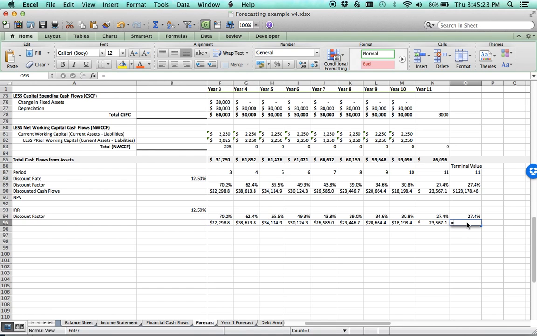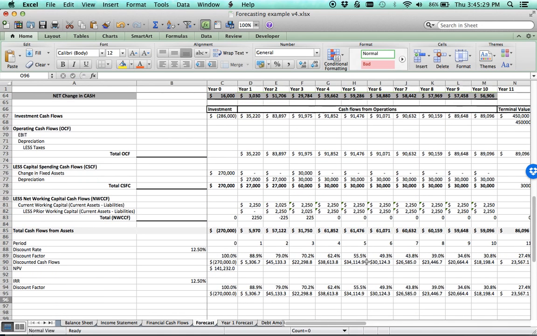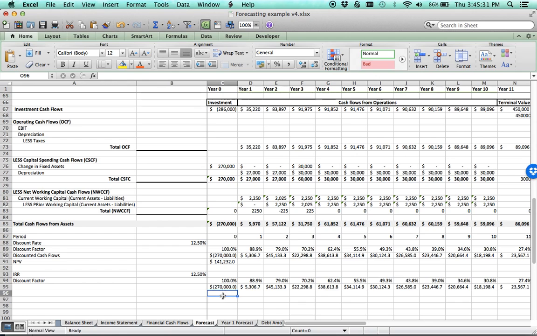And again, we'll do the equals the discount factor times the terminal value. Okay. And again, we're going to do a sum. So NPV. So you can see I basically, this is discounted cash flows.